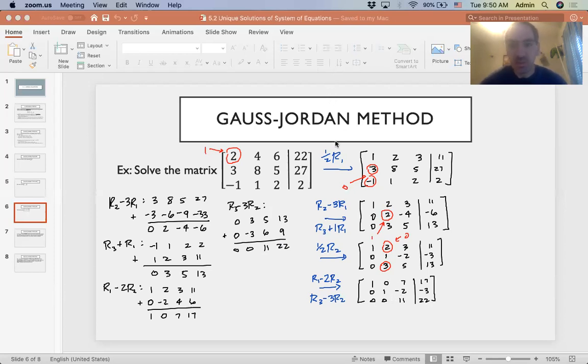Now we want our third column. We want this number here to be 1. We can do that by dividing by 11 or multiplying by 1/11.